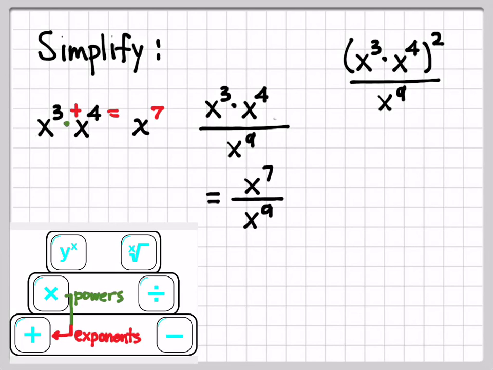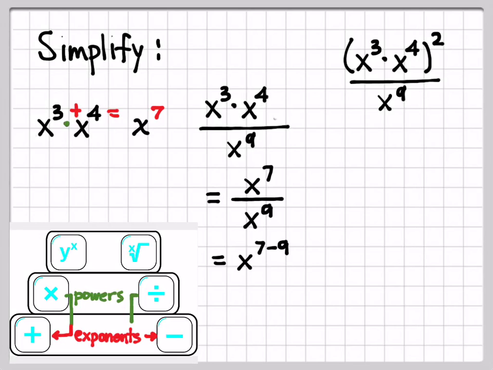Subtraction, right. If when I multiply powers I add exponents, then when I do the opposite of multiplication, division, to powers, I should do the opposite of addition, subtraction, to their exponents. Right? So, x to the seventh divided by x to the ninth is really x to the 7 minus 9.